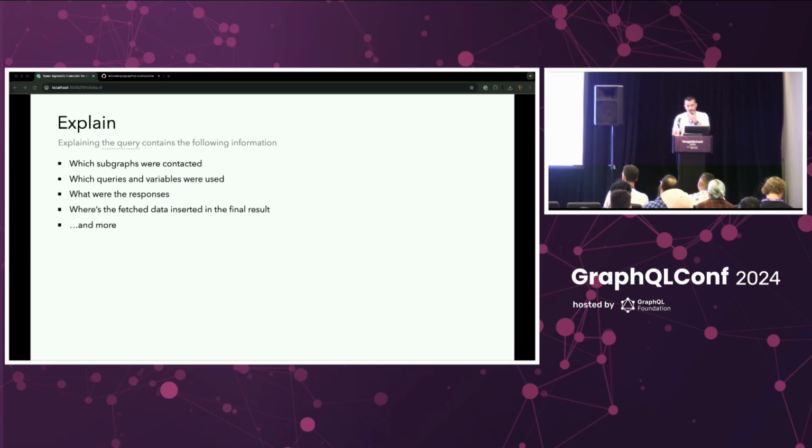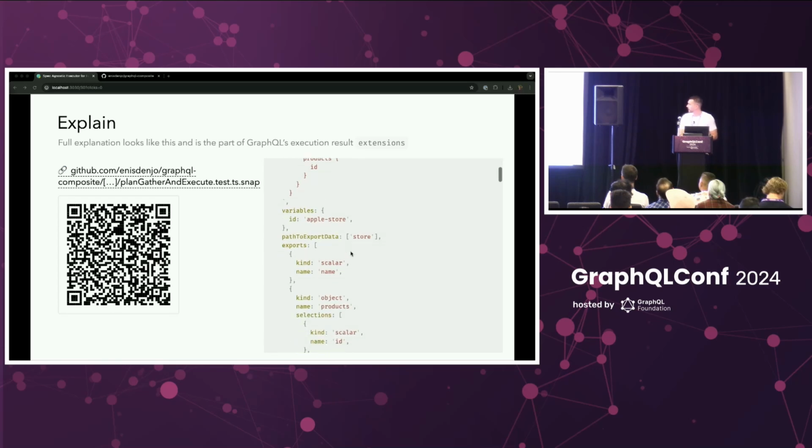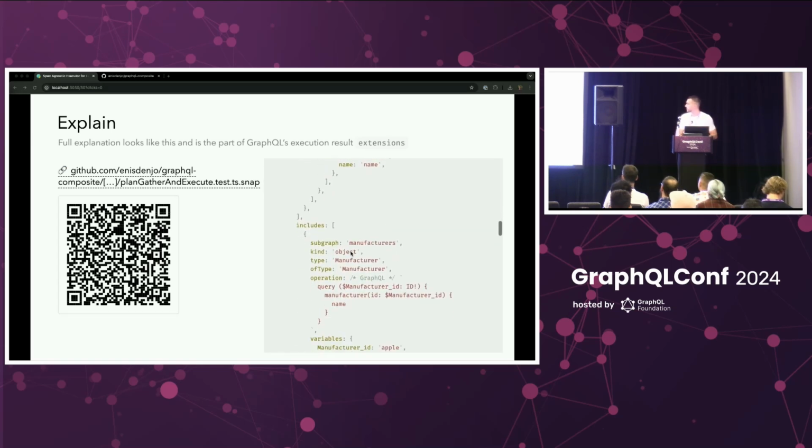But not only that, you can also gain additional insights like metrics and costs of each of the fields being resolved. Again, the full explanation is like this. So this explanation here is actually a real query being made against subgraphs. As you can see, it's pretty extensive and huge, but it is quite simple to understand just by reading it.